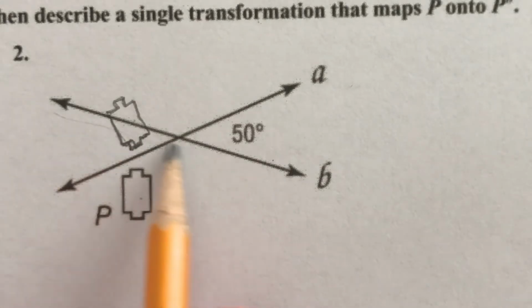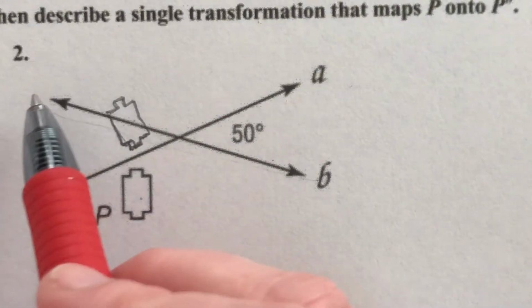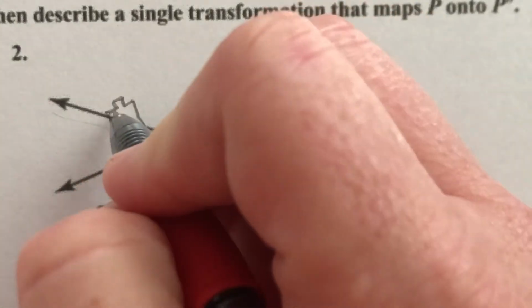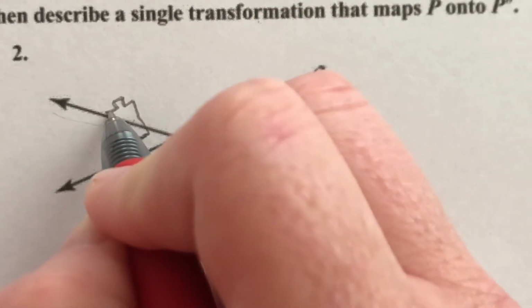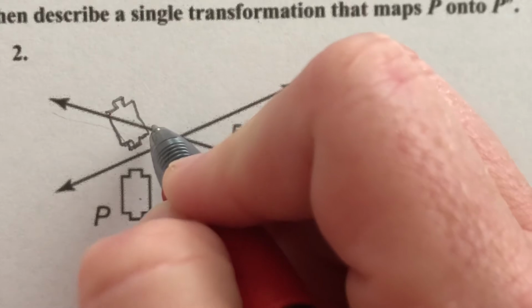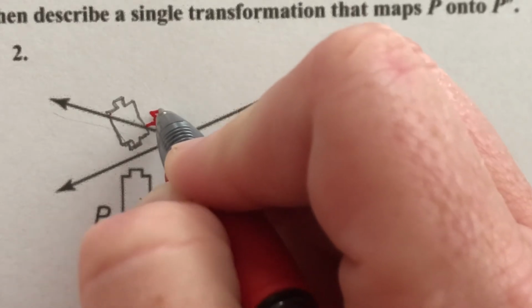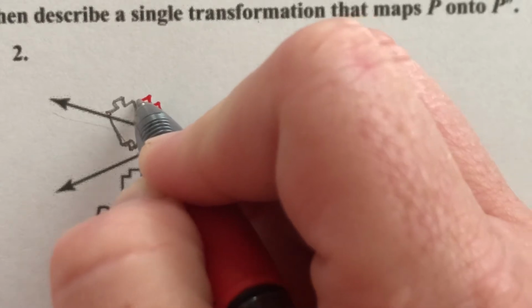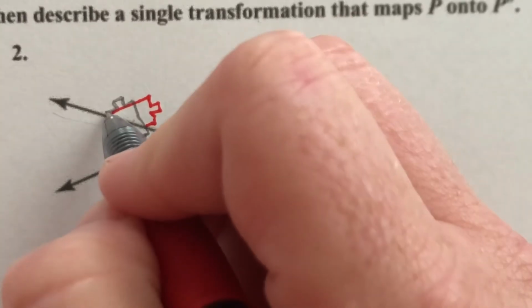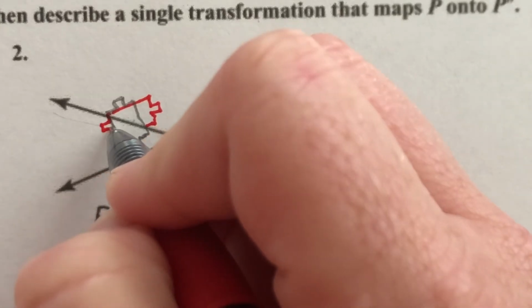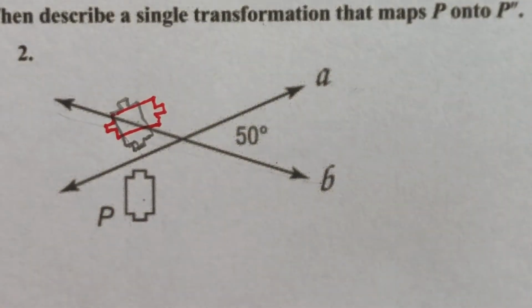And then when we reflect it over line B, it's obviously crossing over line B, so it's going to cross the same, right? So this bottom part is going to cross. This is going to go here, meet up here. And then the top part's going to come, something like that.